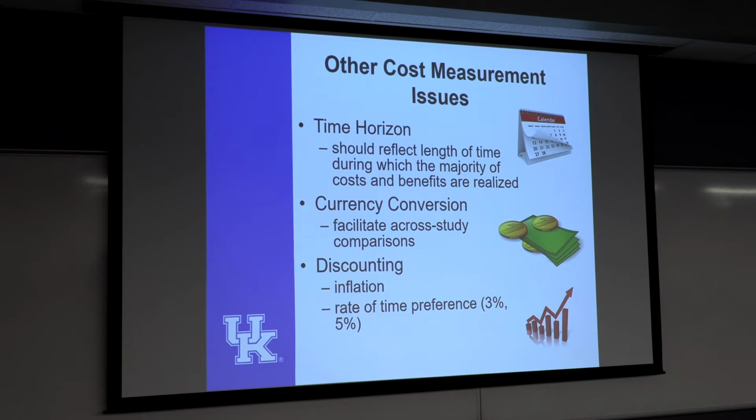That is somewhat of a judgment call, a clinical call, really. Most studies are published in US dollars, but you need to be careful when comparing studies from European countries, etc. And the other thing that is typically done is discounting.